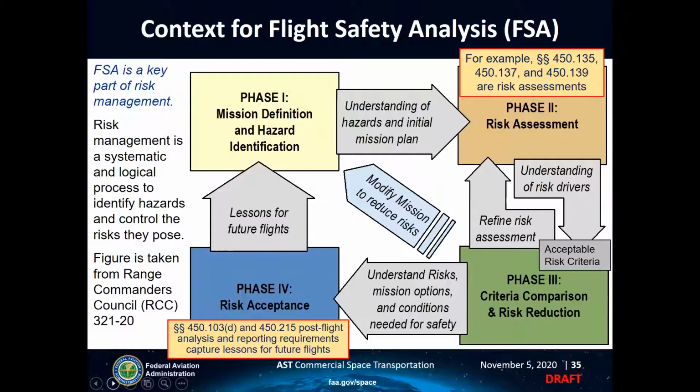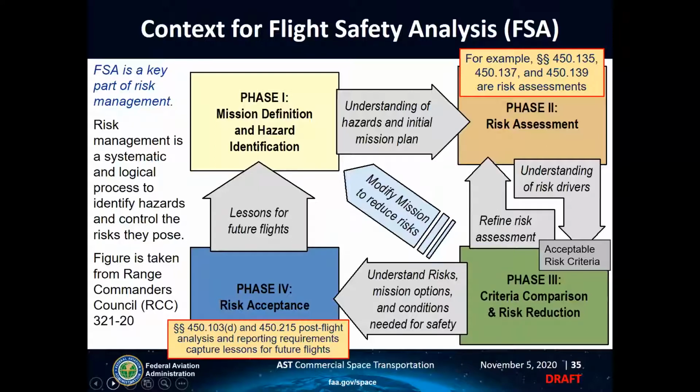Phase two is the risk assessment phase, where we perform analyses to quantify the risks posed and understand the risk drivers, such as a particular failure mode in a given phase of flight. So sections 450.135, 137, and 139 are examples of quantitative risk assessments. In phase three, the risks are compared to acceptable criteria, which is 450.101, and we talked at some length yesterday.